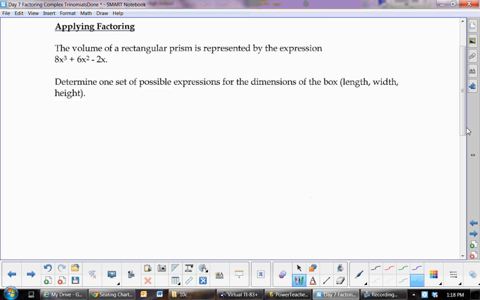Now, what if we have a box like this, and this is the volume right here? It's 8x cubed plus 6x squared minus 2x, and it wants the length, the width, and the height.